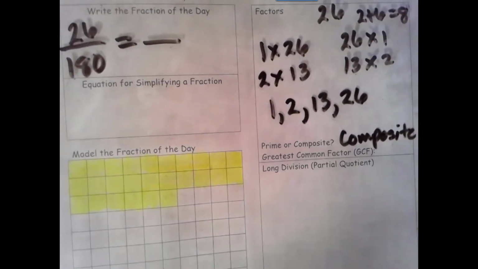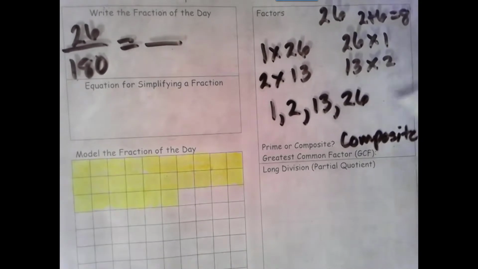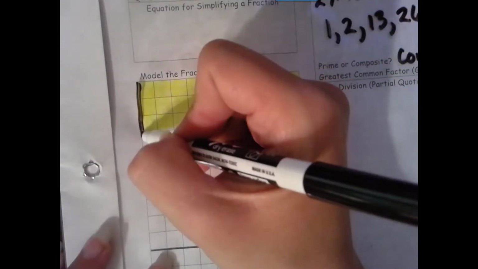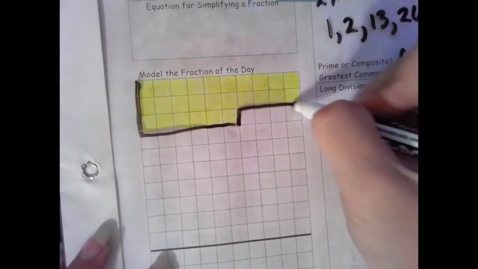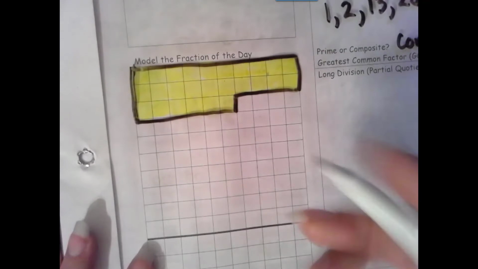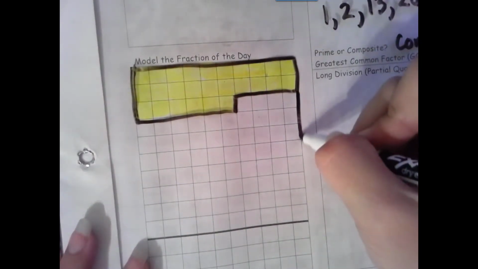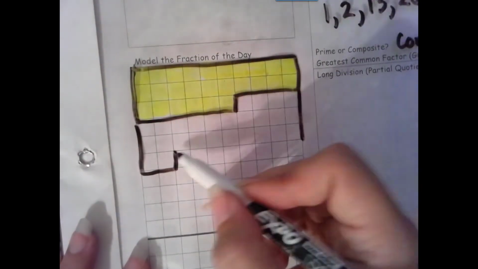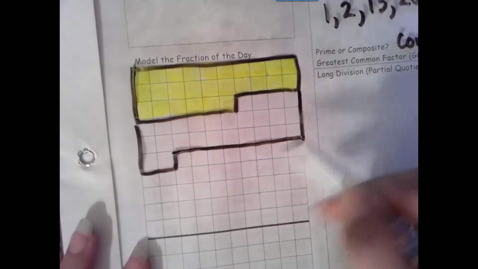So now we want to figure out what our greatest common factor is. So let's start with our greatest factor of 26. See if 26 works for 180. If it doesn't, then we try 13. So we're making groups of 26. It does not matter what your groups of 26 look like, as long as you have 26 in each group and you do not have shaded with unshaded.